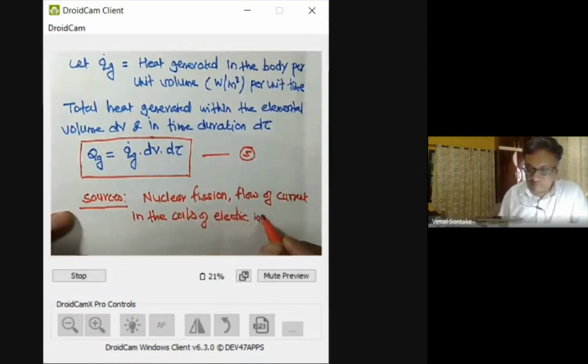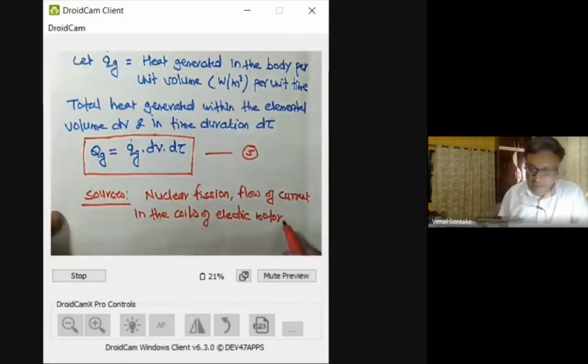Okay. Heat can also be generated within the control volume due to ohmic heating. Ohm, and from ohm it becomes ohmic heating, isn't it?